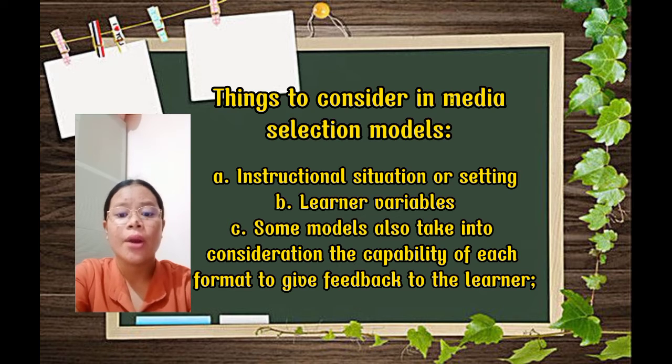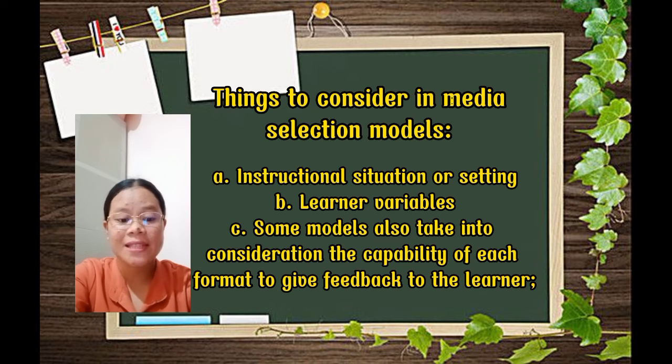Examples: reader, non-reader, or auditory preferences, and the nature of the objective. Example, cognitive, affective, motor skill, or interpersonal must be considered against the presentational capabilities of each of the media formats. Example, presenting still visuals, motion visuals, printed words, or spoken words.